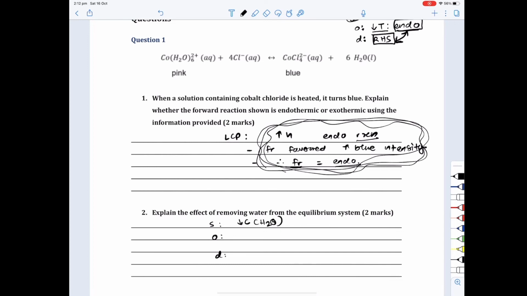All right, so we said that there is a decrease in concentration of H2O. And so the opposite would be to increase the concentration? Okay, so which direction are we going? To the right. Okay. So your final answer is removing water will cause the solution to become increasingly blue in color, and we're favoring the forward reaction.